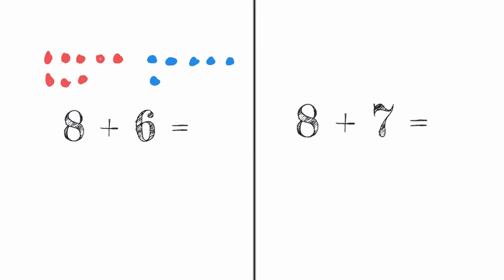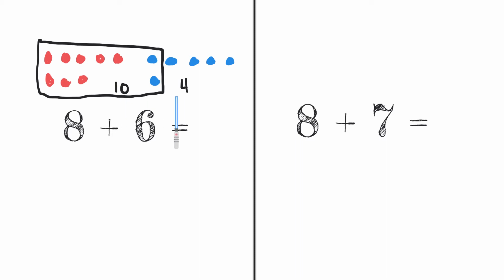All right, and again, I know that I have to add 2 to my 8 for it to be 10. And I'm looking for a group of 10 because 10 is a friendly number, easy to add with. So I'm going to make my group of 10 right here. So I took my 8 and then added 2 more to it to make it 10. And then I have 4 left over on the outside. So I now have a group of 10 and a group of 4.